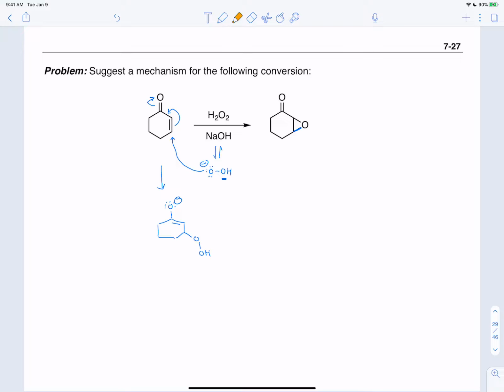So if we remember, enolates are always nucleophilic at carbon, and we know that this oxygen-oxygen bond of the peroxide is going to be weak. And so this oxygen-oxygen bond likes to break.